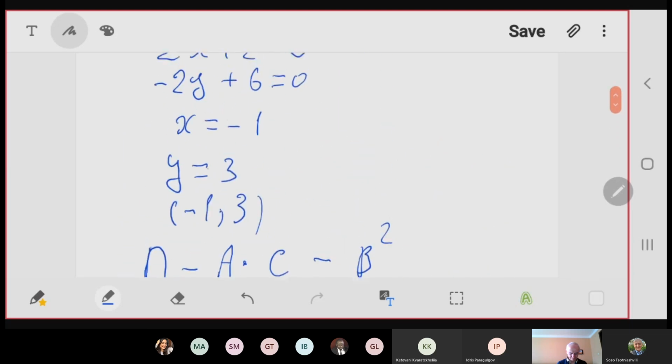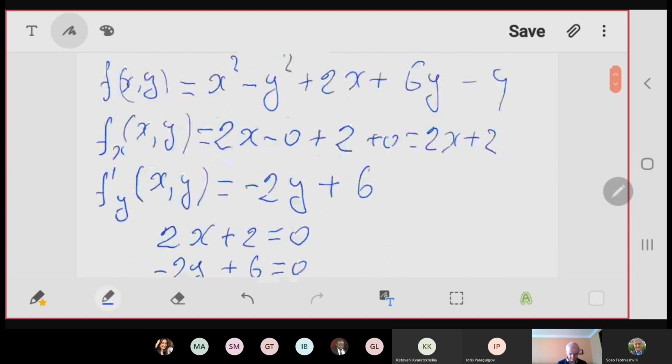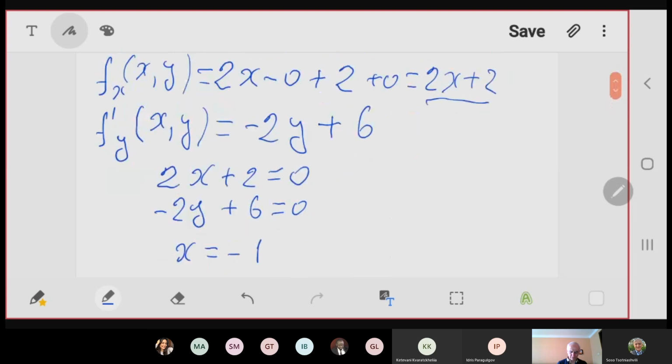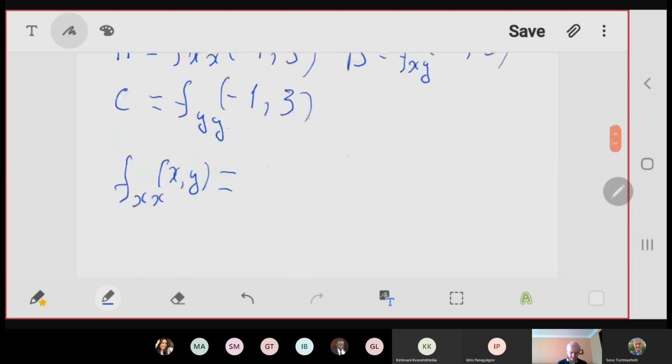We have here this first order partial derivative, and now I will find this partial derivative, and to indicate that I'm looking for the partial derivative respect x, I will write here x.